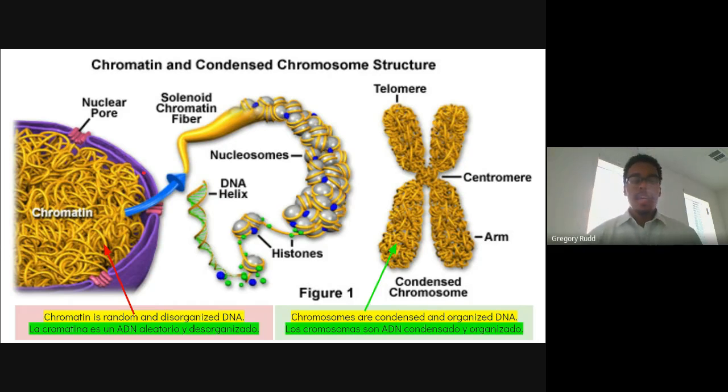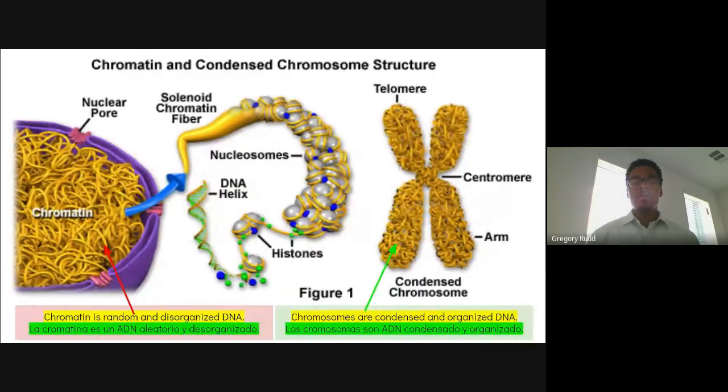Chromatin essentially looks like a bowl of spaghetti, a whole bunch of noodles just tangled up. There's no real order to it. And there's a reason why there's no order, but we won't talk about that right now.